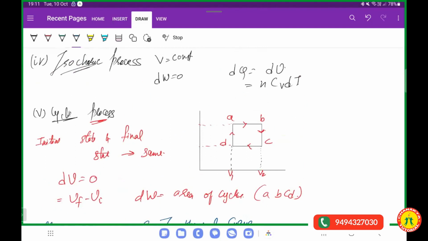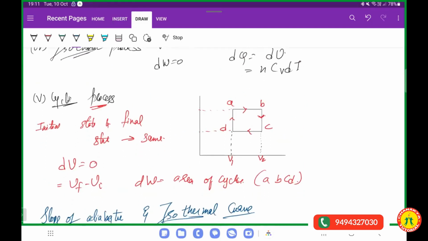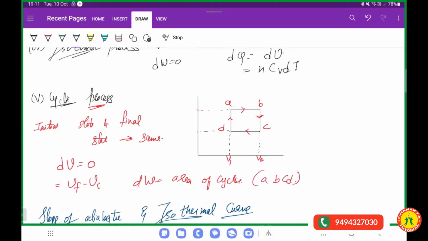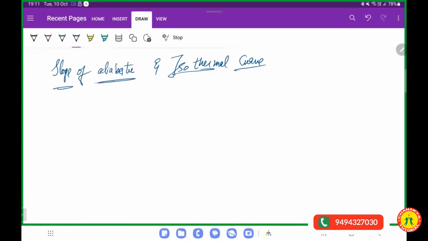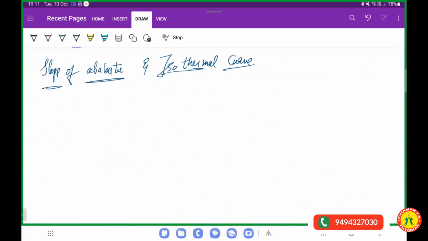Have you done this graph? It's the same actually. If you haven't, it's the same as what we wrote before, at the starting of the chapter. Slope of adiabatic and isothermal curve. Now from here, this is something new, a little.